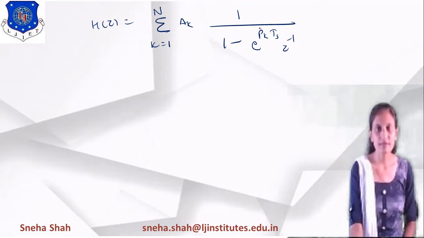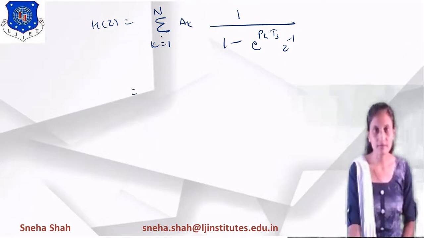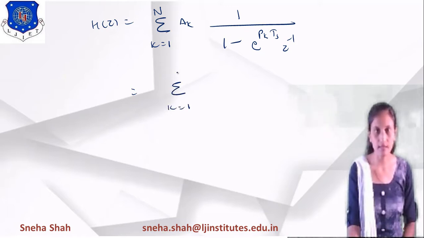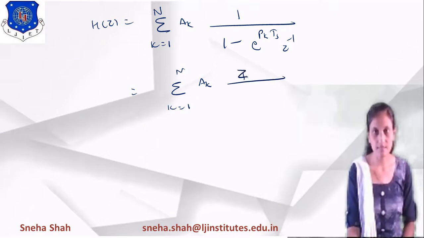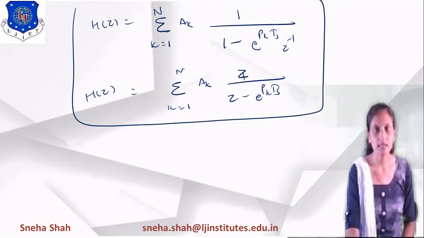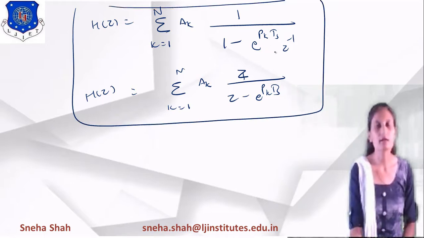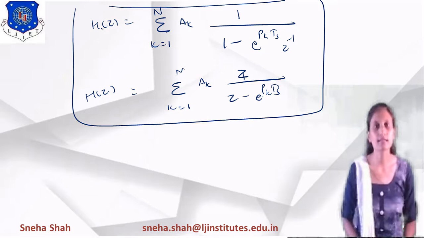Now if I am simplifying this term, then this term is represented as the summation k equals 1 to n ak, 1 upon, z goes over here, so it will also be represented like z upon z minus e raised to pk ds. So by using this equation, we can convert this analog filter into a particular digital filter.